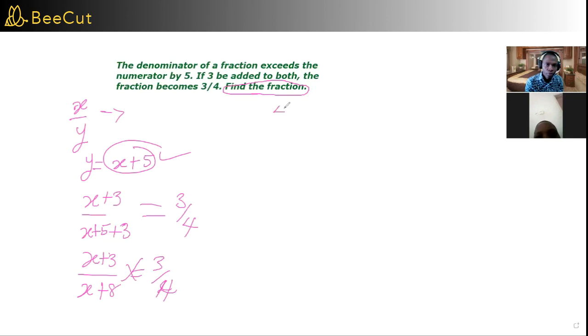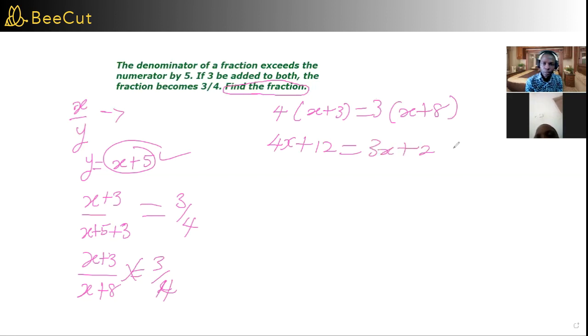So I have 4 into x plus 3, not x plus 8 this time around, equal to 3 into x plus 8. So I'm going to open the bracket by using 4 to multiply this. So that is 4x plus 12 equal to, then I'll use 3 to multiply the two things, so that's 3x plus 24.